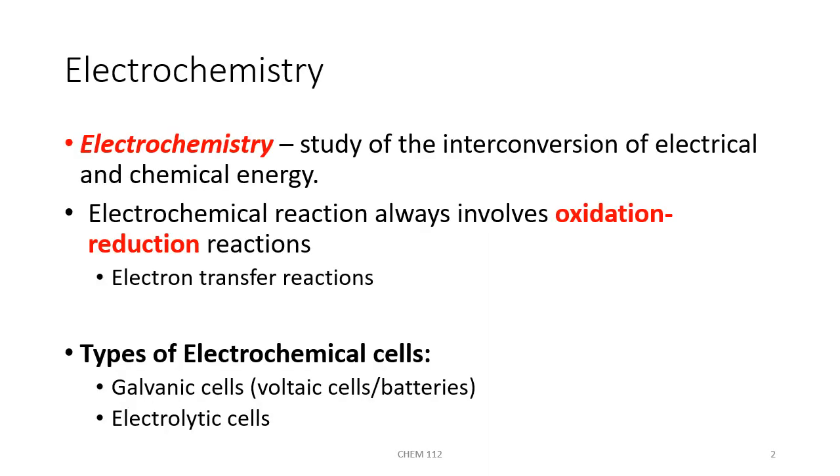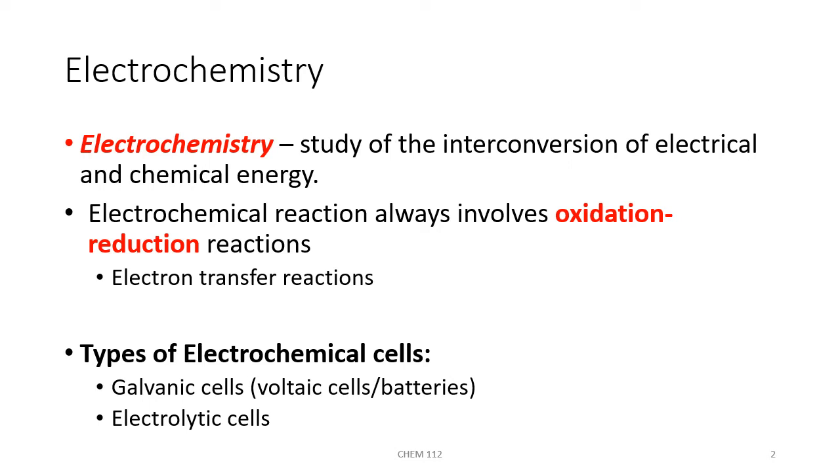So formally, electrochemistry is the study of the interconversion of electrical and chemical energy. Electrochemical reactions will always involve oxidation and reduction reactions. And if you remember, when we learned those in Gen Chem 1, we were always talking about the transfer of electrons. So the movement of electrons is what is going to be the most important thing when we're talking about electrochemistry.